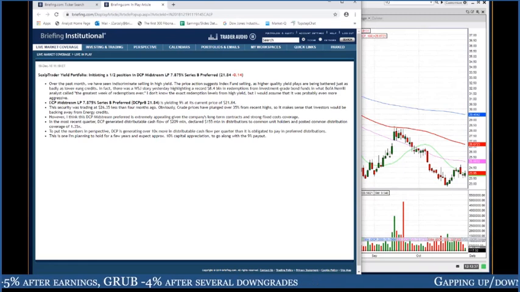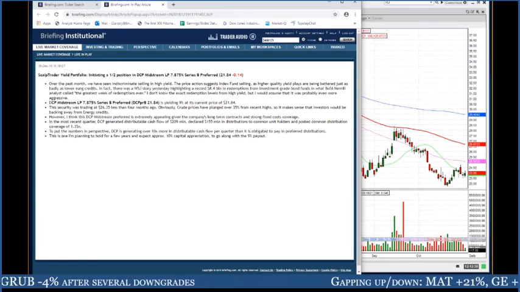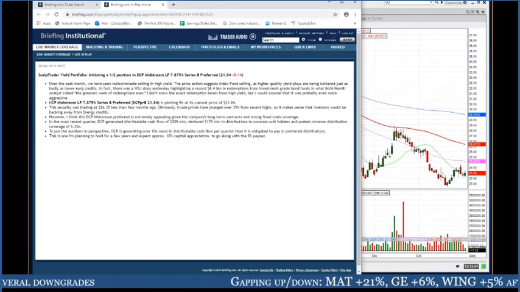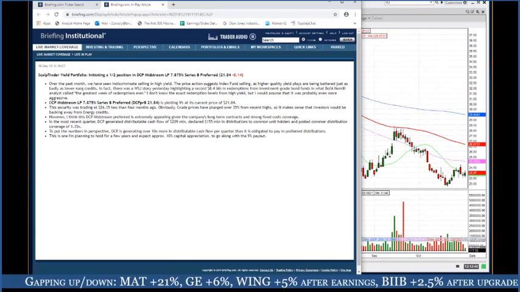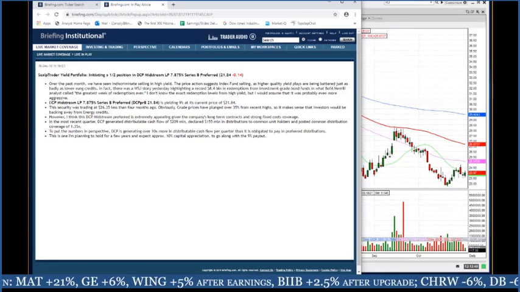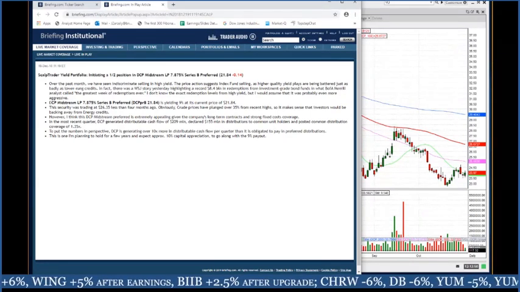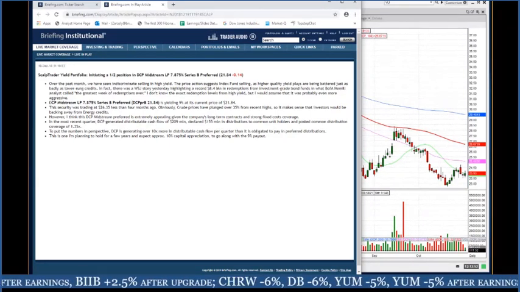So in the initial analysis, we're looking at DCP Midstream, which generates distributable cash flow of about $209 million a quarter, which is a 1.35 common unit distribution coverage.